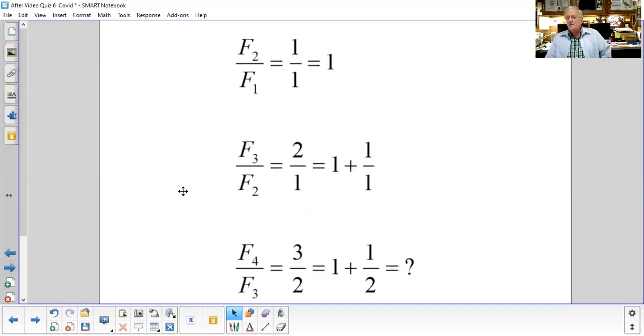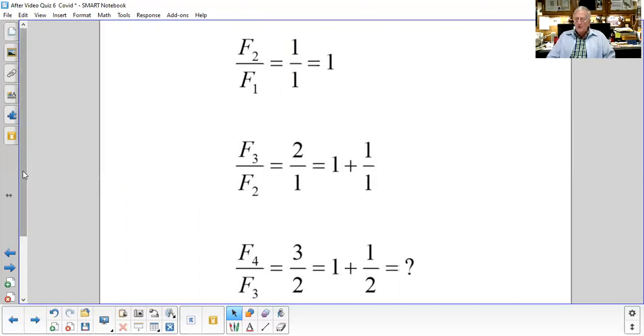You know that f2 divided by f1 is 1 over 1, or just 1. And you can take f sub 3 and divide it by f sub 2. That would be 2 divided by 1, which of course would be the same thing as 1 plus 1 over 1, okay? All right.